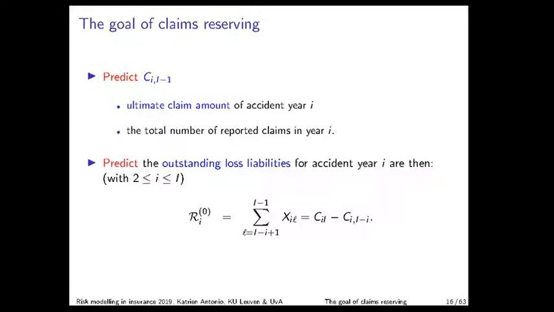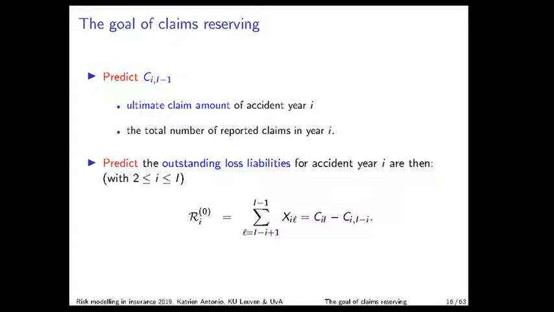So you express the reserve either as a sum of incremental random variables, incremental data, where each term is denoted here with X_{il}. Or you express the reserve as a difference between two cumulative numbers. In the latter case, the outstanding amount, so the cash flow that will follow in the future, is the ultimate cumulative claim amount minus the most recently observed cumulative amount.